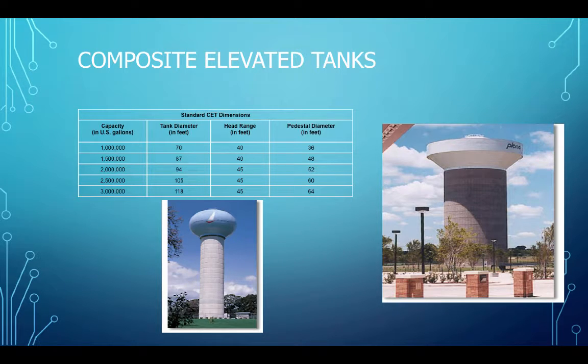And then here's some composite elevated tanks, and as an example of the kinds of capacities and heads, anywhere from 1 to 3 million gallons. The pedestal diameter from 36 to 60 feet. The head range 40 to 45 feet of working head, and then the tank diameter is 70 to 120 feet in diameter.